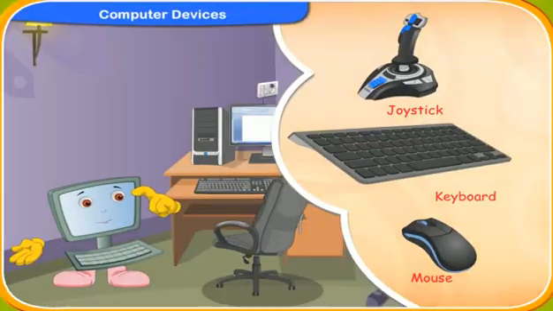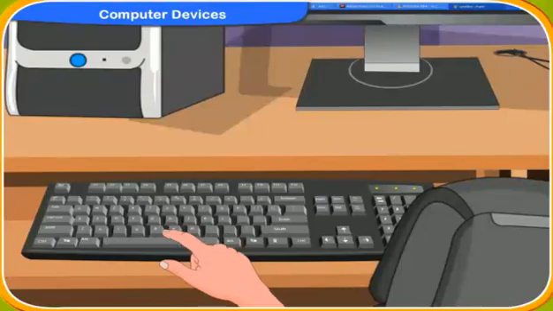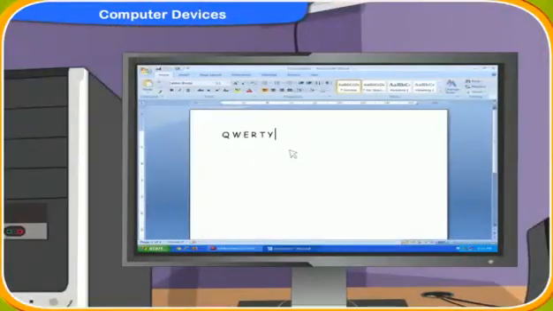Yes, Rennie. I understand. By pressing the keys of the keyboard, we tell the computer what to do, and the letters and numbers appear on the screen. So this keyboard is an input device. You are right, Rennie.